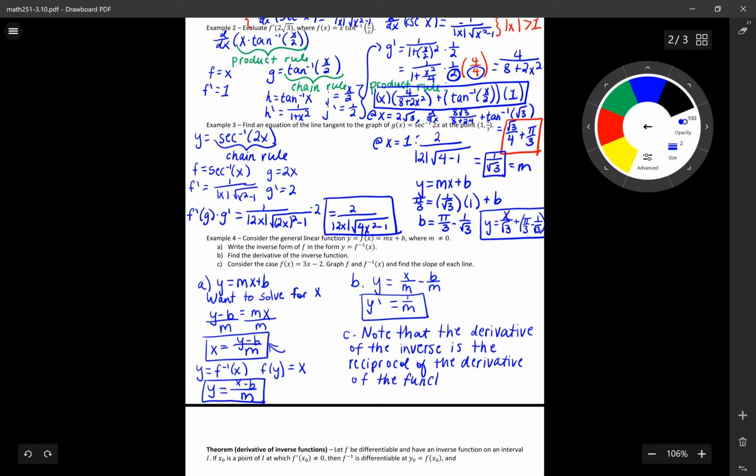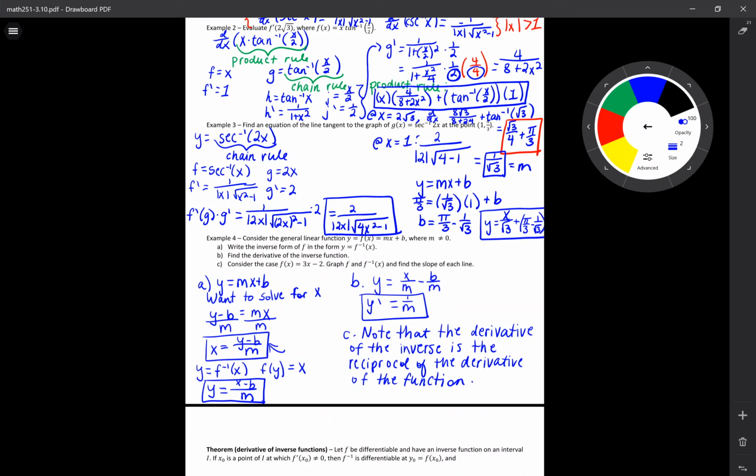Because if I look at our function, y equals mx plus b, what's the derivative of that? Well, the derivative of that is just equal to m. So the derivative of the inverse is simply the reciprocal of the derivative of the function. We found that the derivative of the inverse was 1 over m. That's the reciprocal of the derivative of the function, which is m.